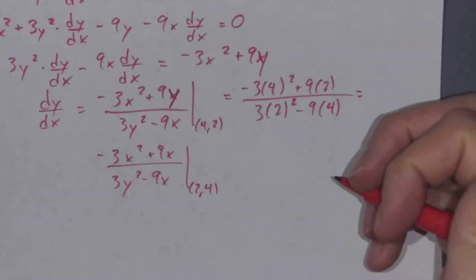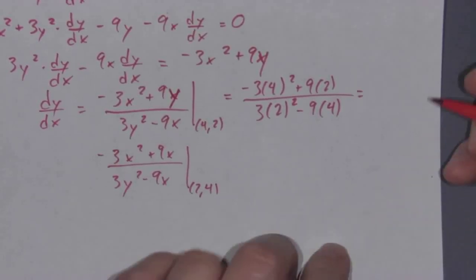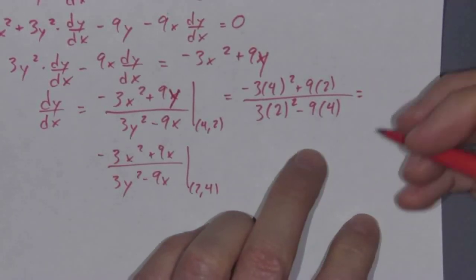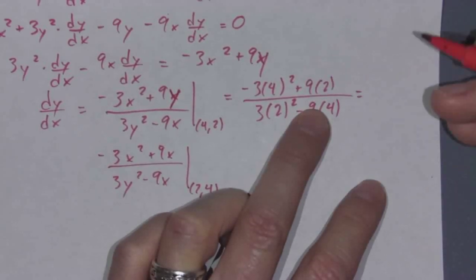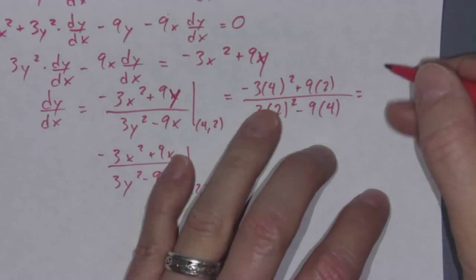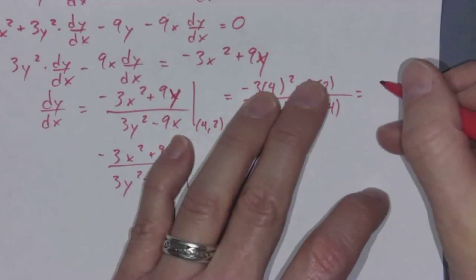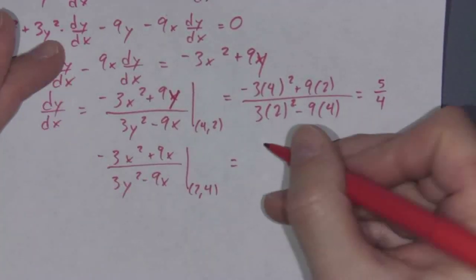All right, so let's see. I punched this into my calculator maybe. I don't know. Just do it in your head. If you do it in your head, at (4, 2), it looks like that's going to be 16 times negative 3 plus 18. Then that's going to be over, it's going to be 5 over 4. All right, and then we're going to do it again here.